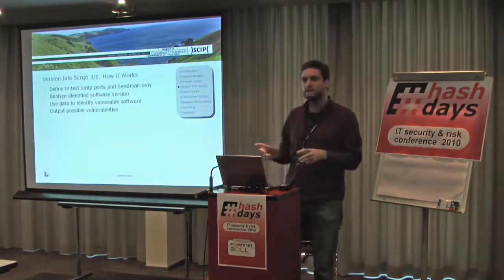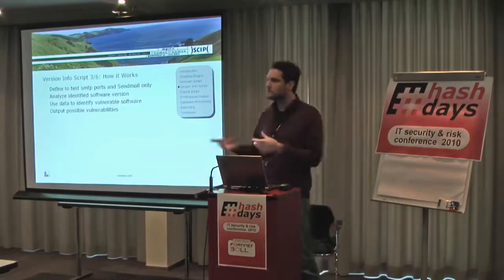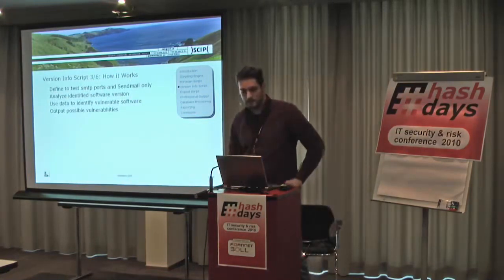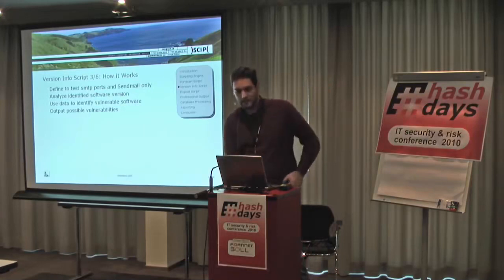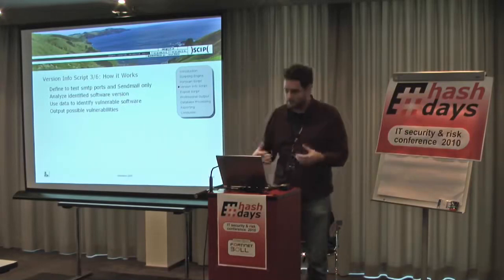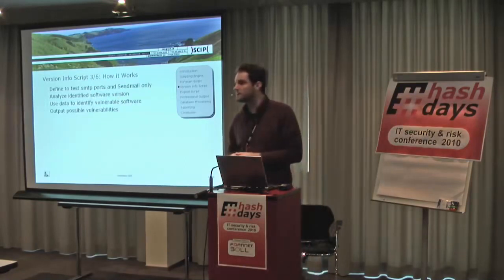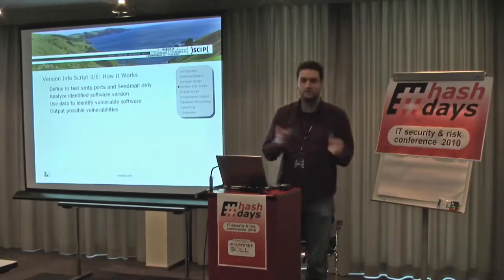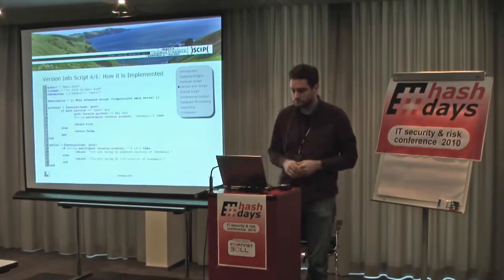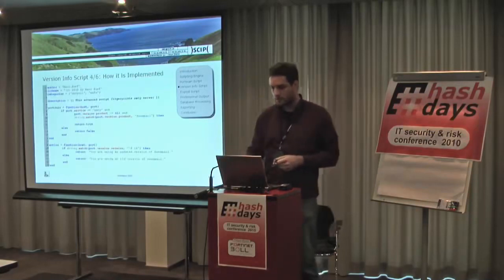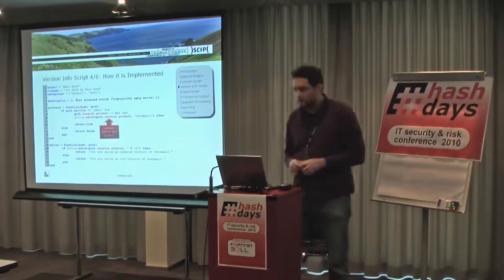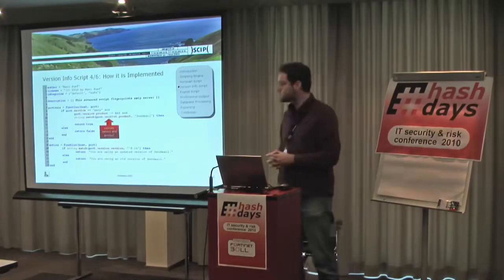We have defined that every SMTP port must be scanned and that sendmail is the predefined application that is of interest. We analyze which version of sendmail is running and we say, okay, it's an old version or it's a new version. Here is the script. Very simple once again, but the port rule is a bit more complex.